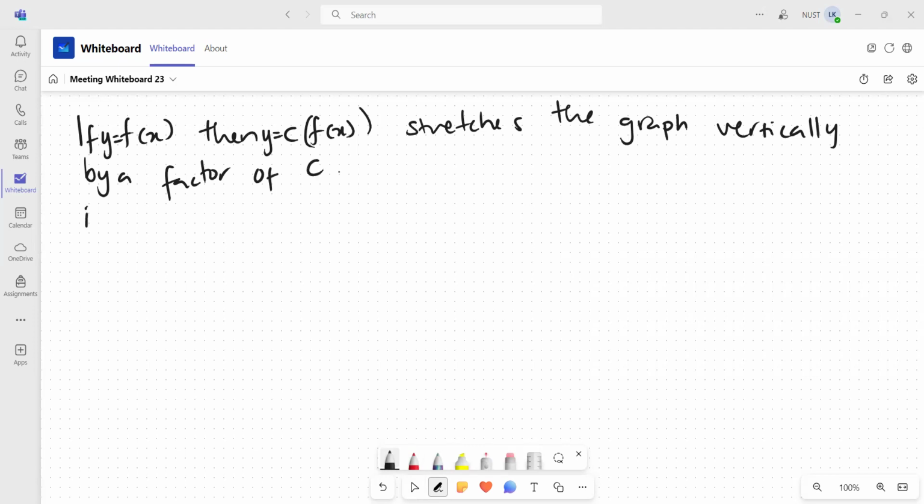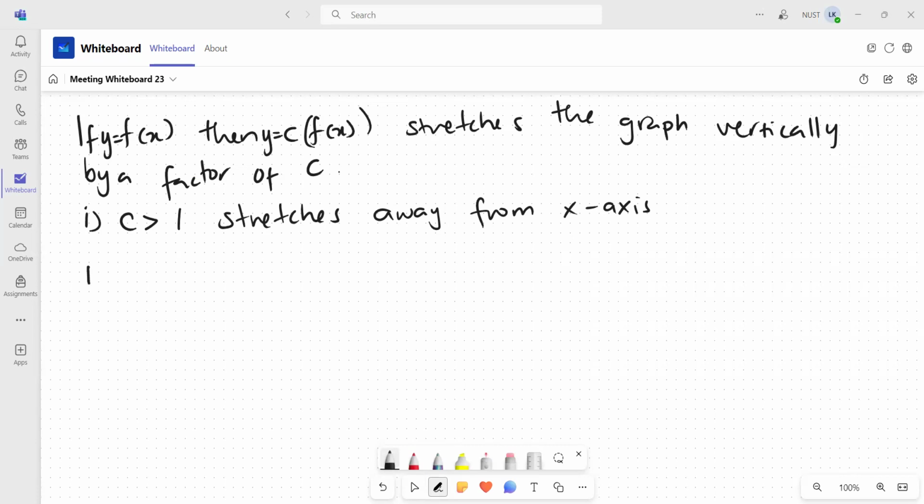Okay, and the way it does that is here. If c is greater than 1, then it stretches away from the x-axis, so that you can imagine this is your x-axis, and then you pull it up like a rubber band.